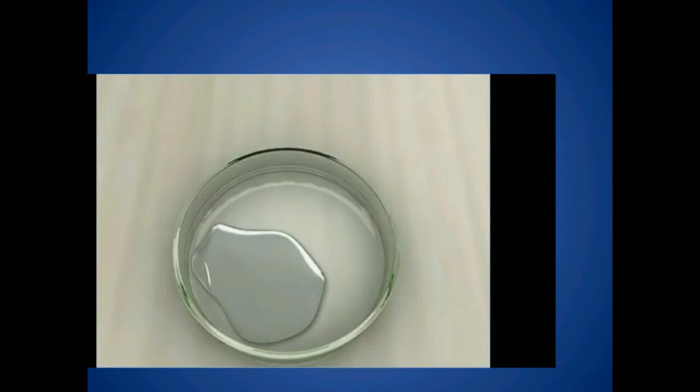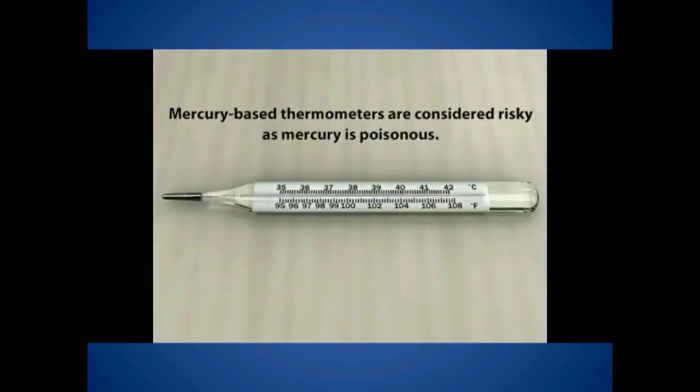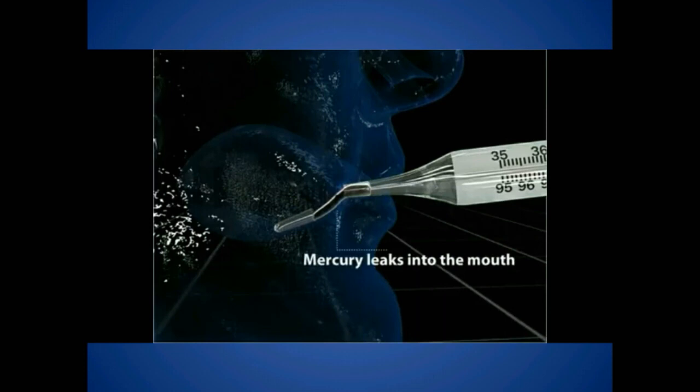So mercury based thermometers are considered risky. Why are these mercury based thermometers considered risky, and why are they not used? Mercury based thermometers are risky because mercury is poisonous. If the bulb of the thermometer breaks inside the mouth, the mercury leaks into the mouth.